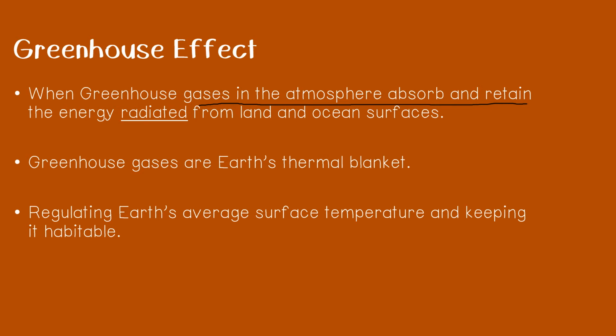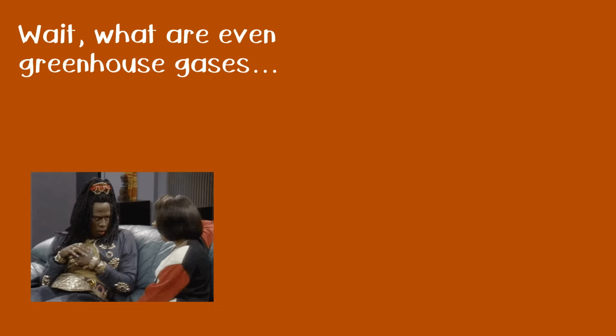On the next slide, I'm going to show you a picture, but that greenhouse effect essentially is absorbing and retaining that heat given off from the oceans, the seas, and land surfaces, and it's trapping it in Earth's atmosphere so that overall Earth can be warm. Because if Earth were too cold, we wouldn't be able to function. But it's also keeping Earth from getting too warm. All right, so greenhouse gases are Earth's thermal blanket.